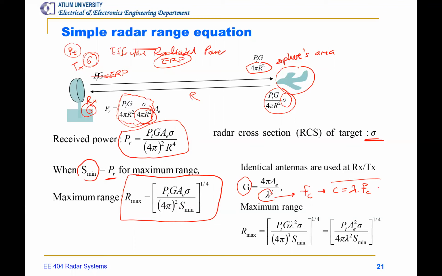It's a simple formula that we may use from communication systems. So lambda here is the wavelength corresponding to the operational frequency. Then I can write the maximum range with this formula. So there are two equations here. One is given in terms of lambda and AE. The other one is given in terms of G and lambda. Whatever you want, you can use.